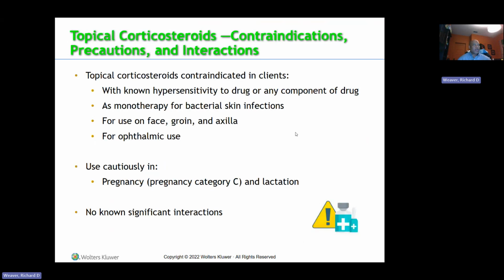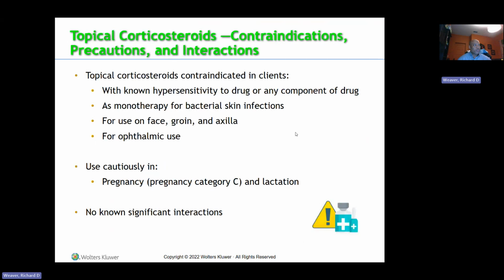In other words, the corticosteroids alone should not be used to treat a bacterial infection. You need an anti-infective for that, but you can use the corticosteroids as a combination therapy, right? Not alone, because it's not an anti-infective; it's an anti-inflammatory. And of course, the infection will remain if you don't treat it with an anti-infective.